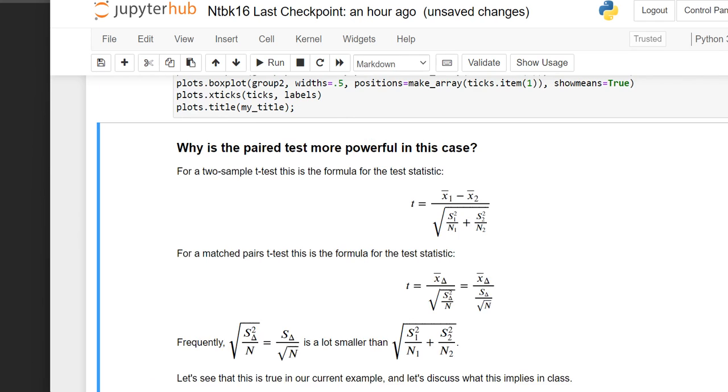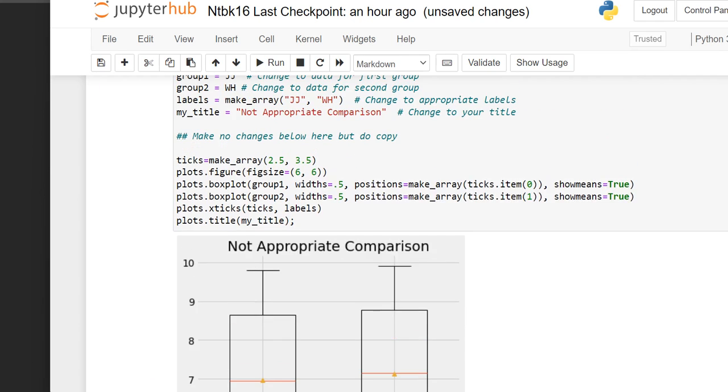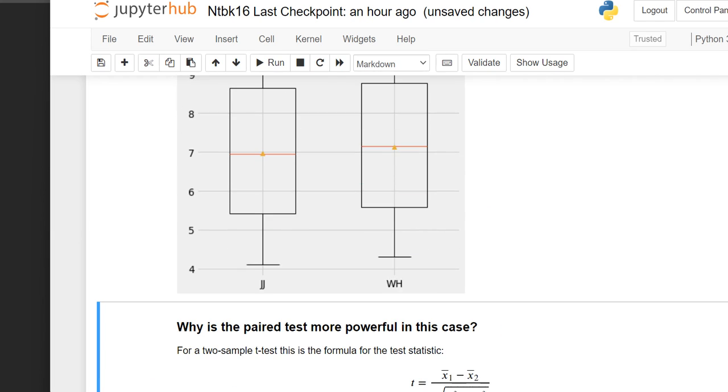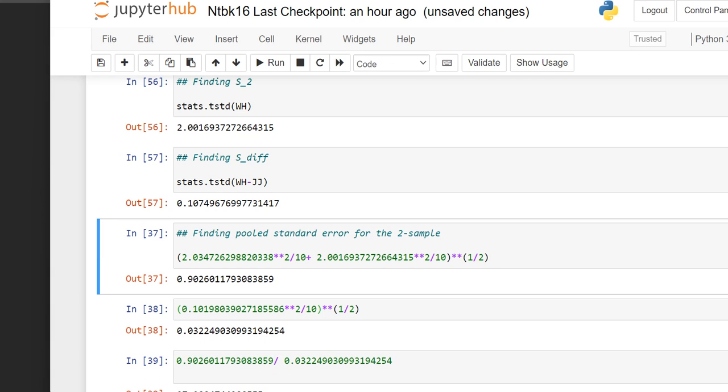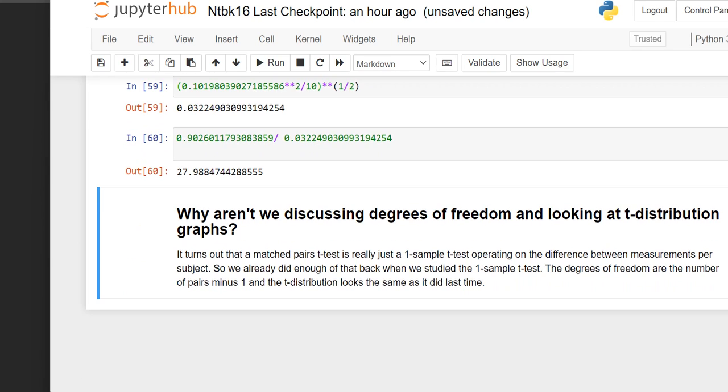So we have a better test if we use the matched pairs design, and that's what this example is getting at. It's showing the box plots of JJ versus Wirehouse, and they're going through some calculations that you can take a look at if you're interested.